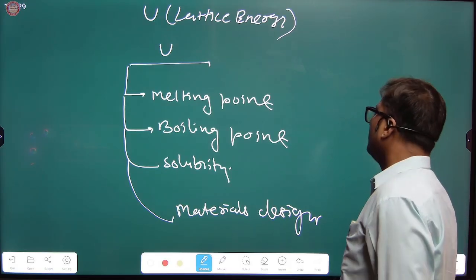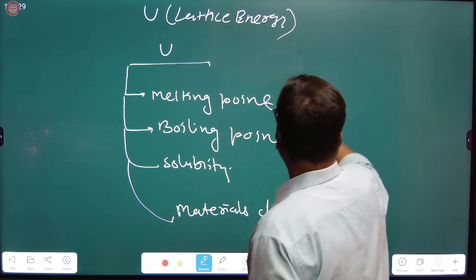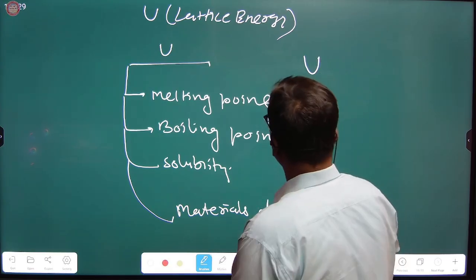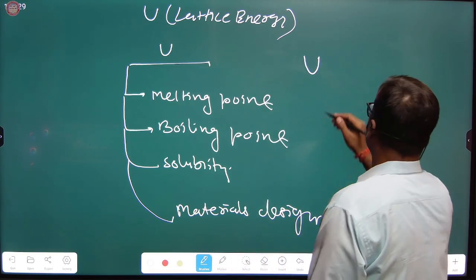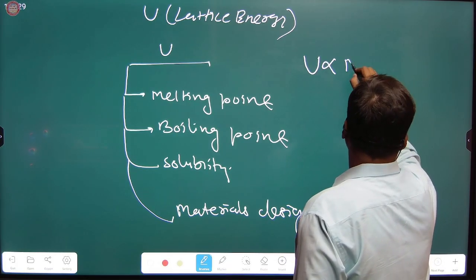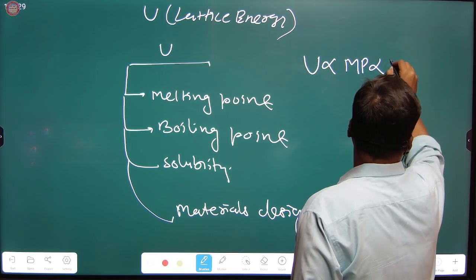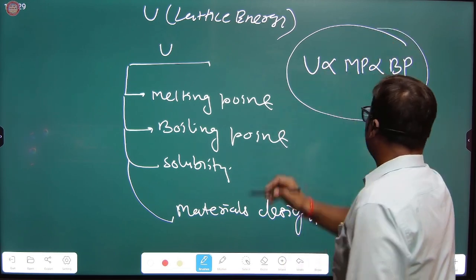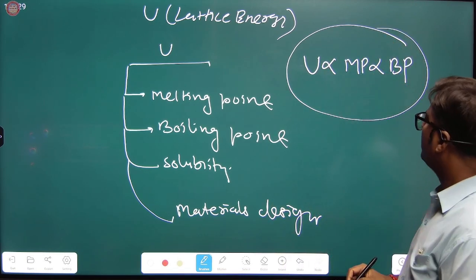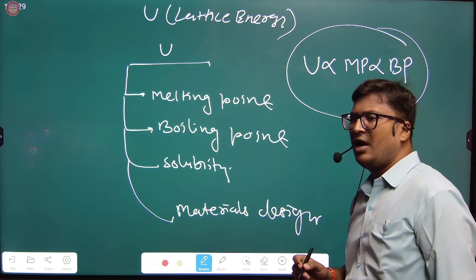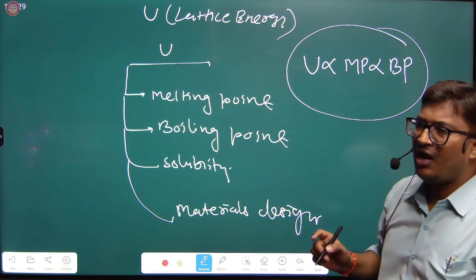compounds. So if lattice energy U is very high, it means the melting point and boiling point are directly proportional to lattice energy. So if lattice energy is very high, then the melting point and boiling point of the ionic solid will be very, very high.